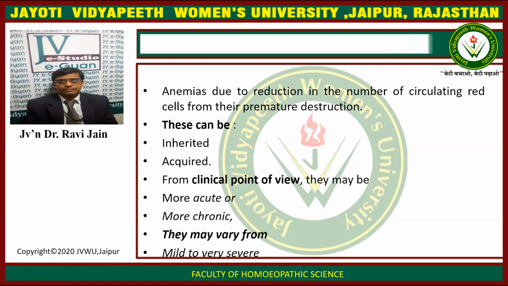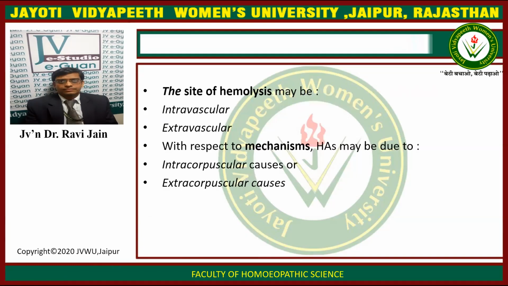From the severity point of view, they can be mild or very severe. On the basis of site of hemolysis, it can be intravascular or extravascular. With respect to mechanism, hemolytic anemias can be due to intracorpuscular causes or extracorpuscular causes.